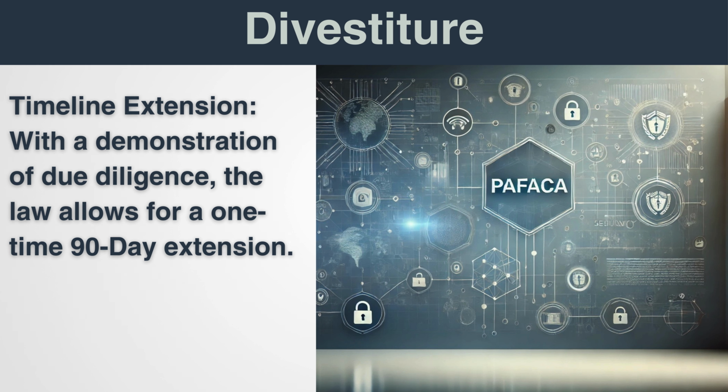Then there are extension provisions. In recognition of potential complexities, such as regulatory reviews, technical integration challenges, and due diligence required during the transfer of control, the legislation permits a one-time extension of up to 90 days if significant progress has been demonstrated. And the objective.